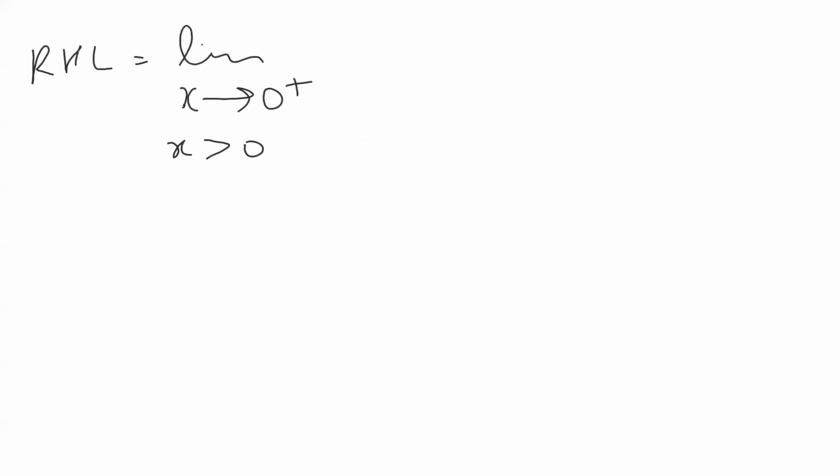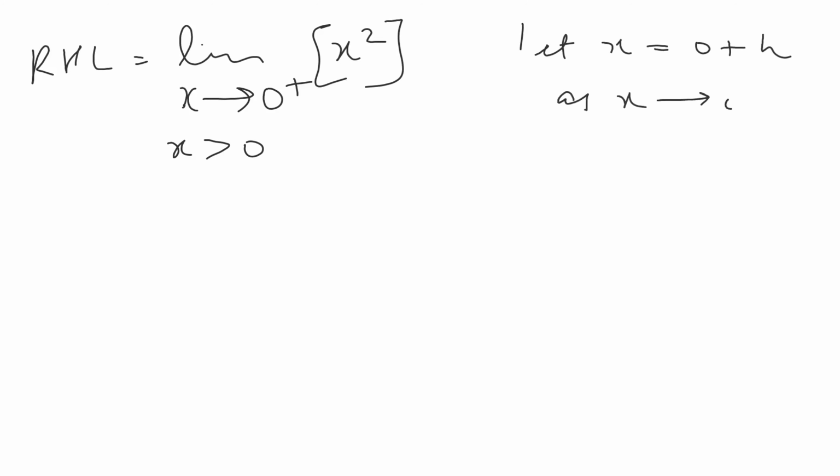Let x is equal to 0 plus h. As x approaches 0, h will also approach 0. So this is equal to limit h approaches 0, h square, which is 0.